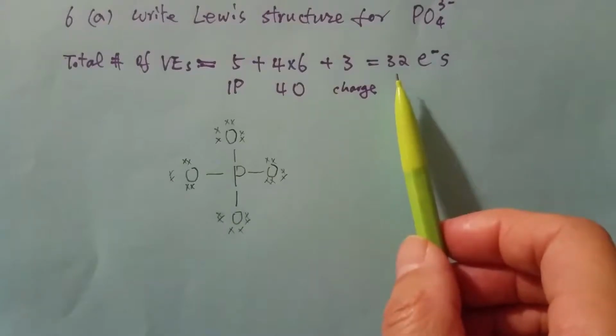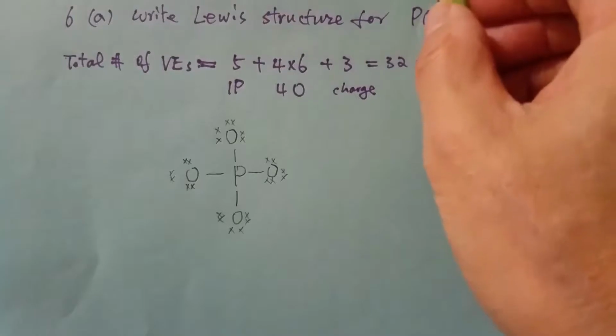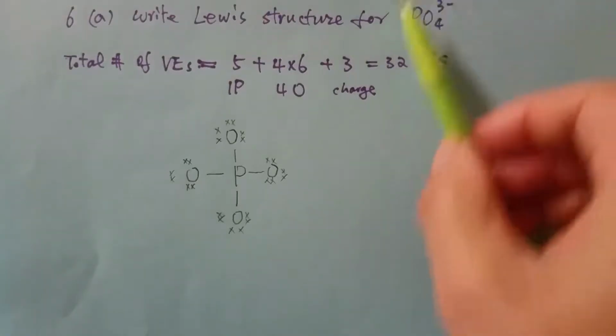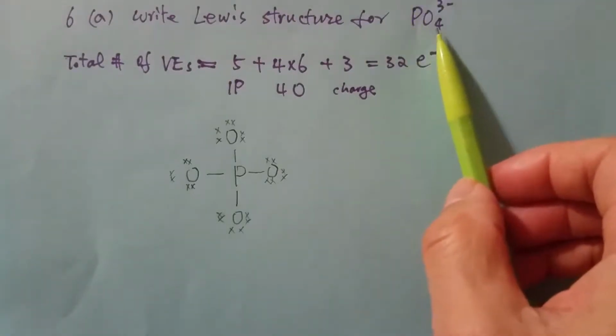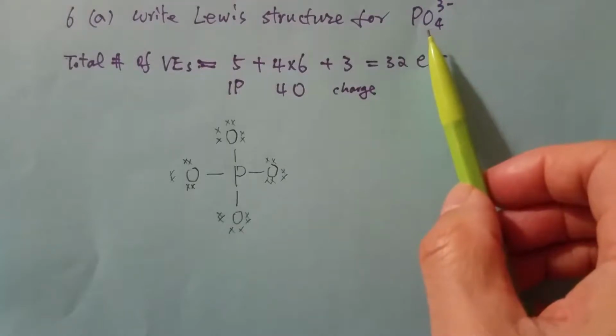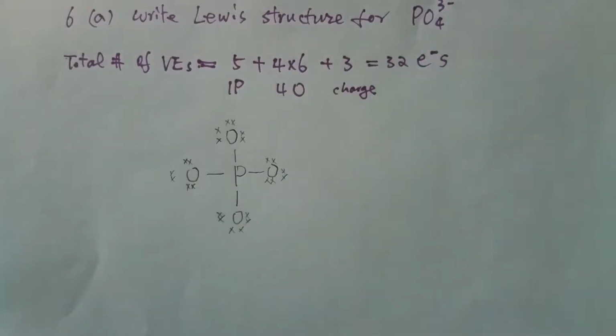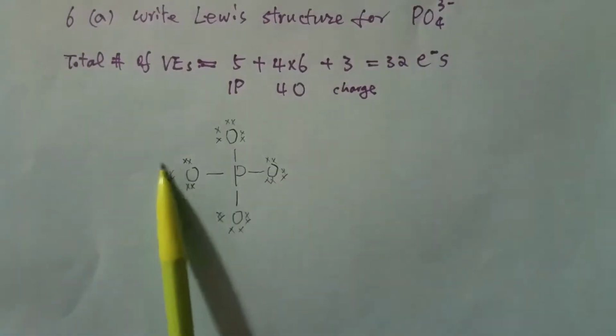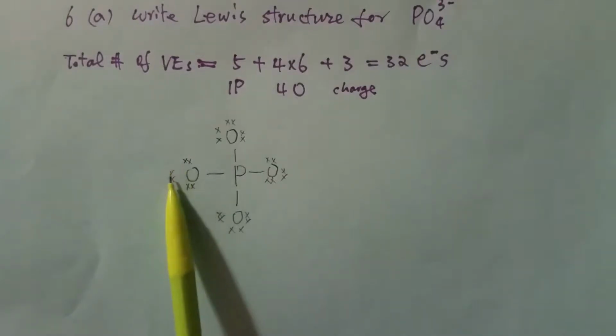So bingo, this should be the Lewis structure for the phosphate ion. But that's actually not the case. For the last pair of electrons, there are 2 ways of placing them.